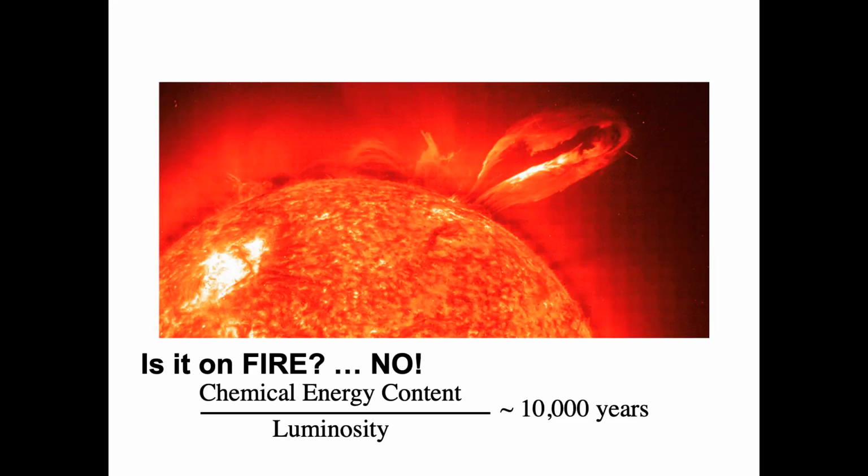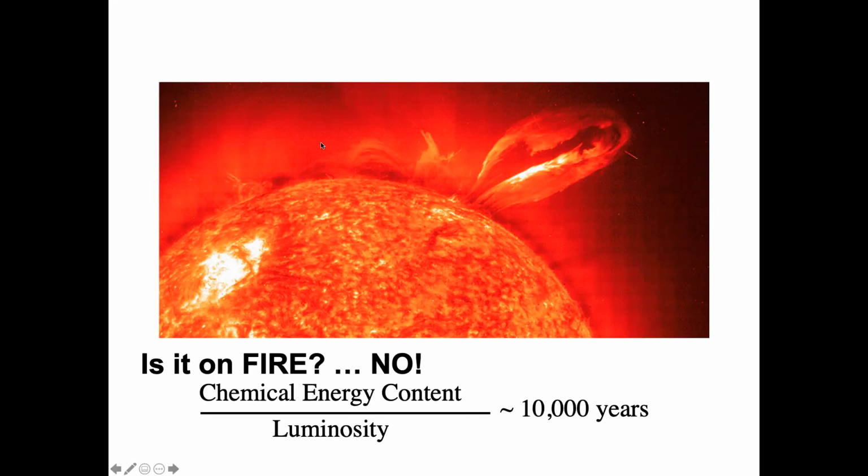And then the luminosity is the power output. How quickly is the sun using that energy? Based on that calculation, the sun would only be around for about 10,000 years. That doesn't make sense, because we know the sun has been around for about 4.6 billion years or so. Okay, so it's not on fire.